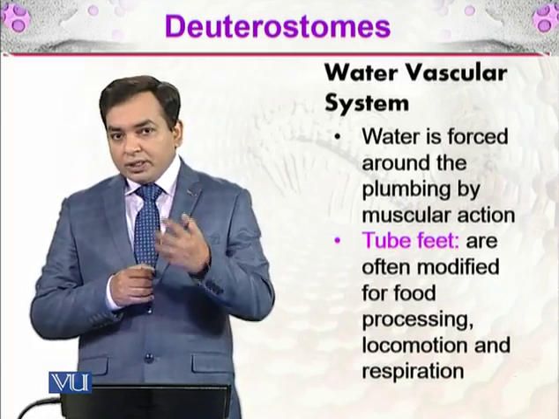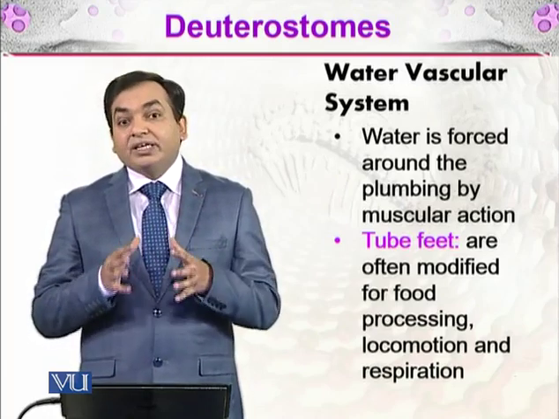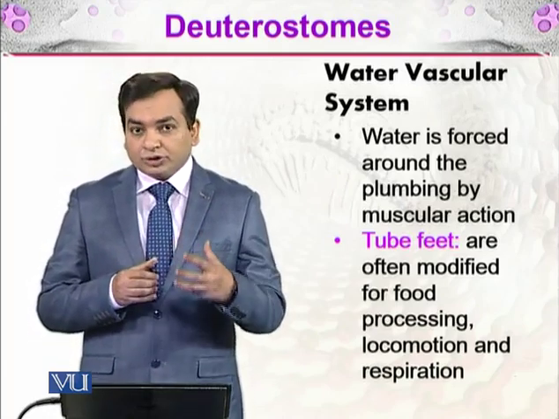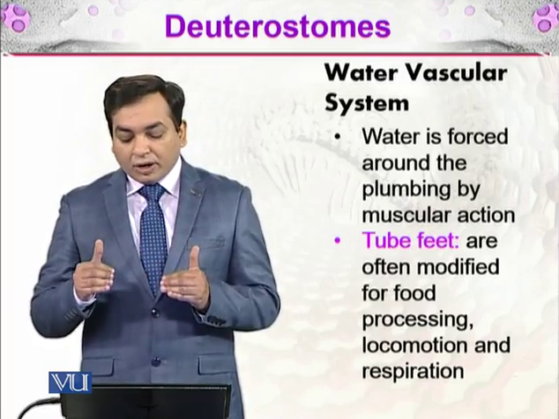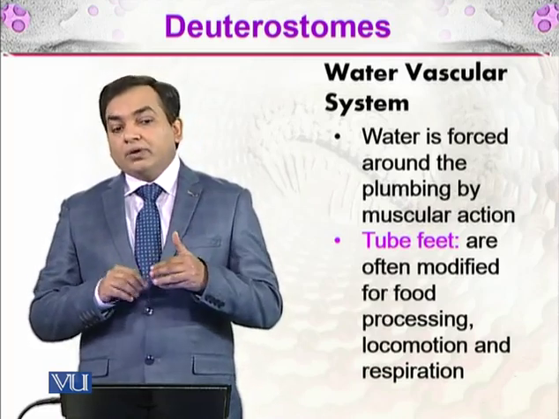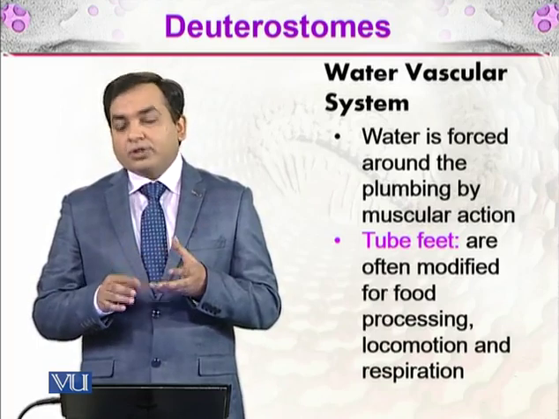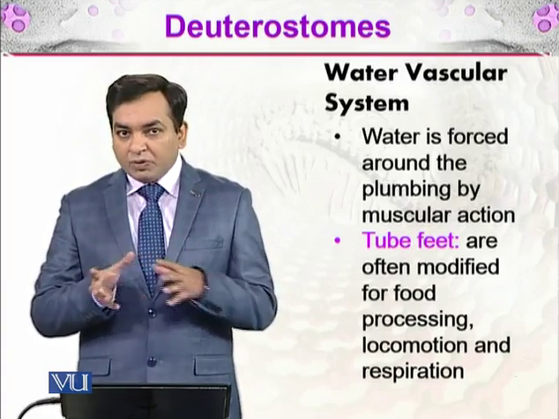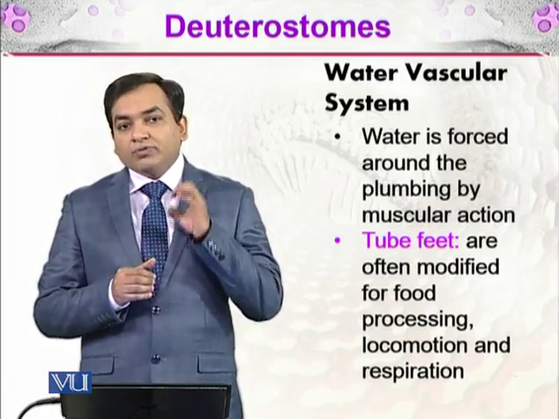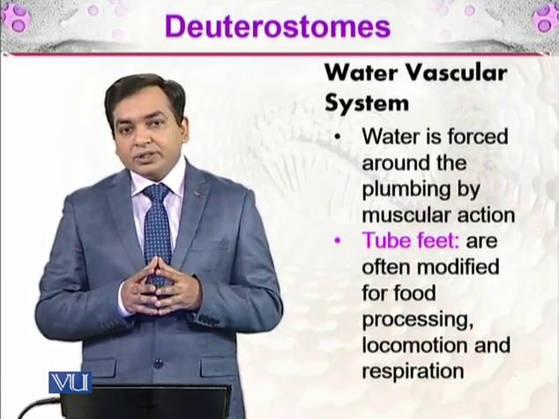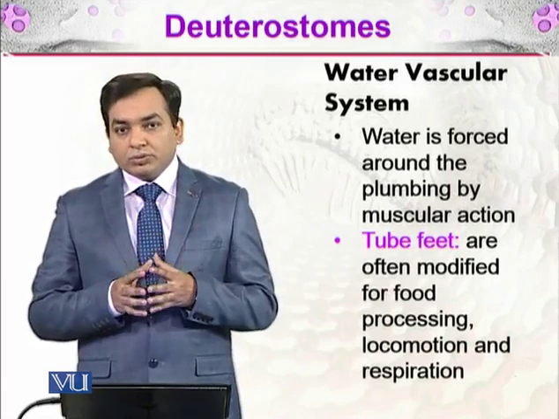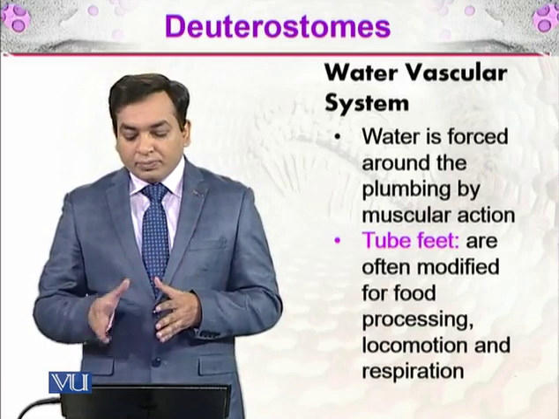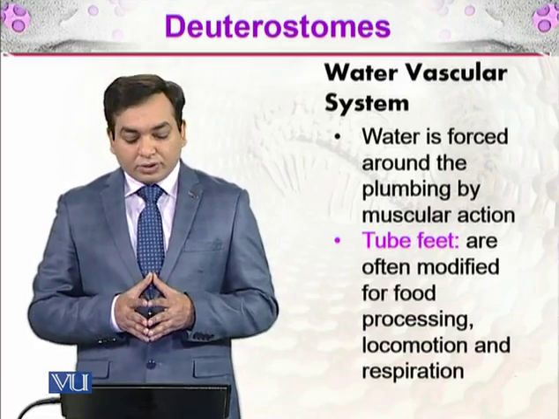This pumping of the water gives these organisms some structure, and it also serves locomotion. Water is moving through the body, so oxygen can be exchanged there. And if there are food particles present, they can be taken into the body of the organism by this water vascular system.